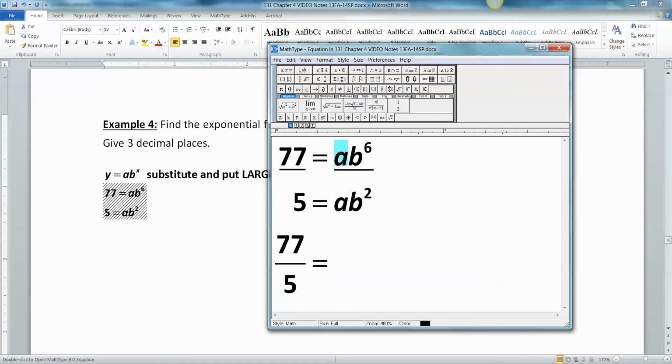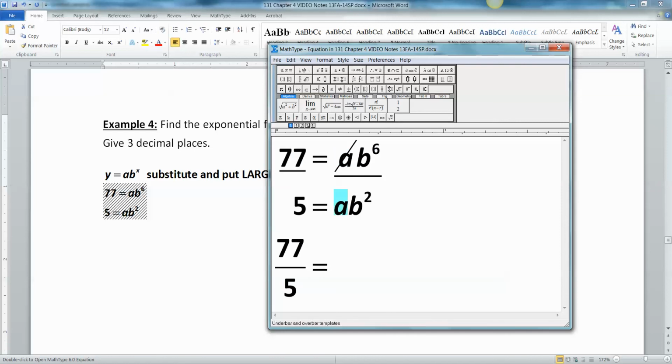Now, over on the right-hand side, you have a divided by a. But a divided by a divides away into 1. So that's gone. And then you have b to the 6 over b to the 2. But remember, we learned in section 4.1 that you can subtract those powers. There's 6 b's on the top, 2 b's on the bottom. So these two are going to go away and leave you b to the 4th.